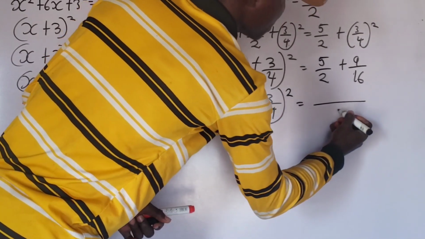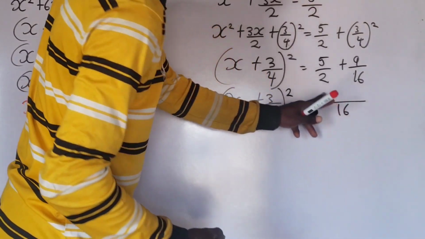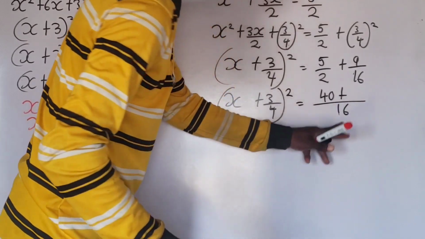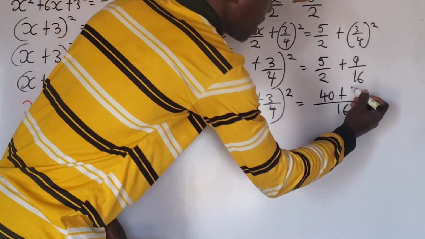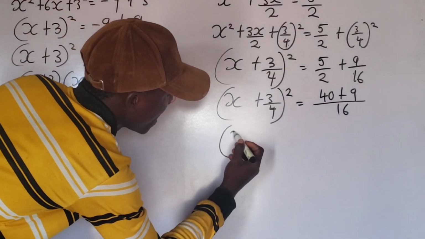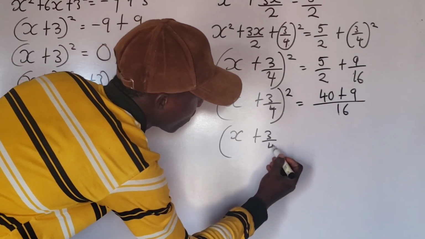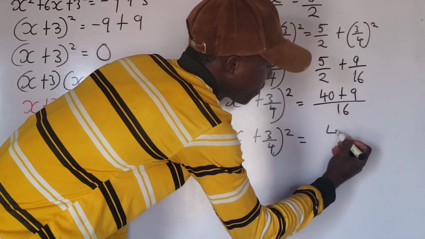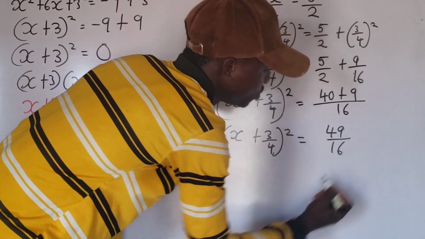The LCM is 16. 16 divided by 2 is 8. 8 times 5 is 40. 16 divided by 16 is 1. 1 times 9 is 9. So I'm going to have 40 plus 9. Now I have x plus 3 over 4 squared equals 40 plus 9 is 49, 49 all over 16.